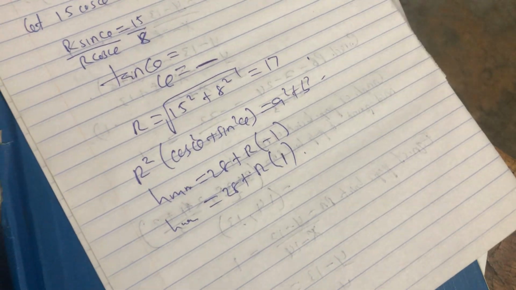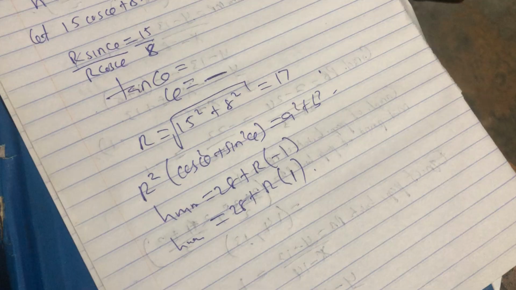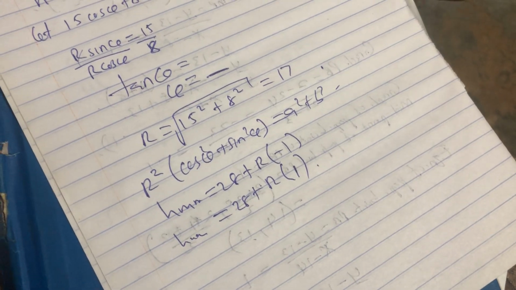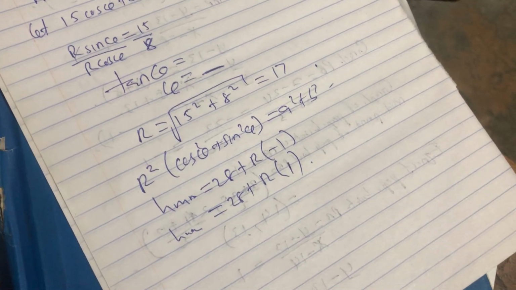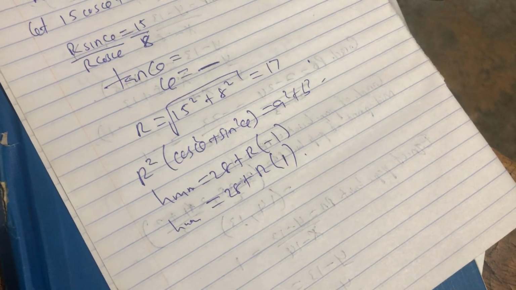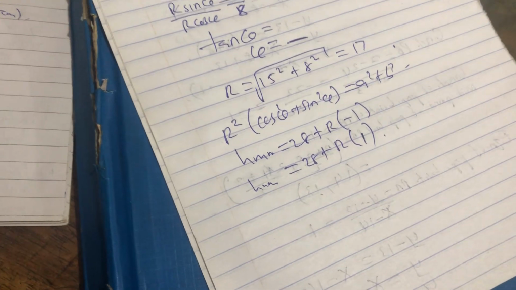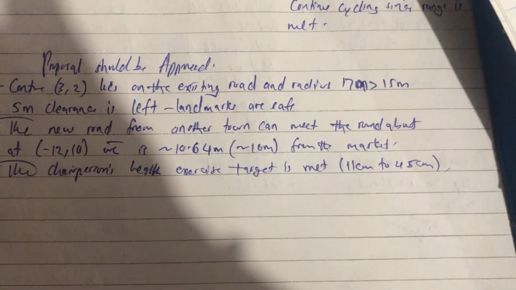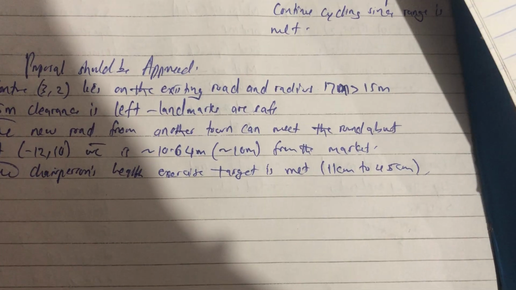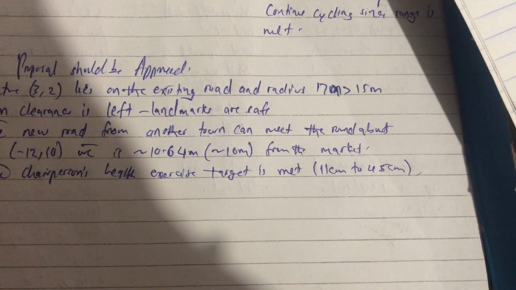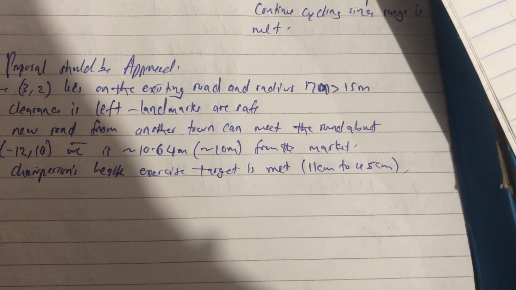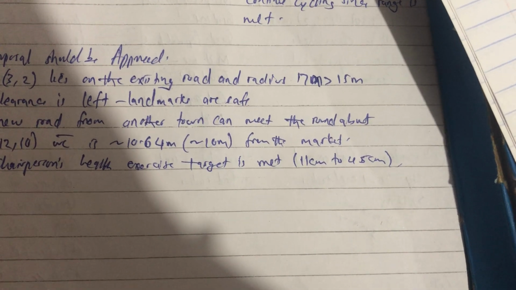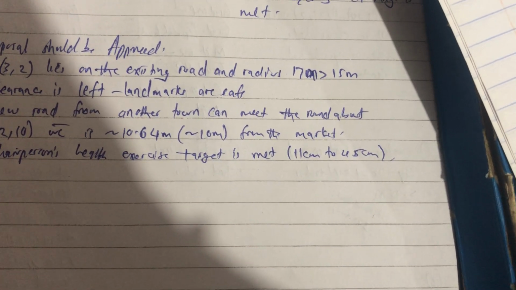The range meets the 11 centimeters to 45 centimeters target. So the chairman continues all activities. Now the proposal should be approved. Why? Because, when you look at my reasons here from my calculations, the center lies on the existing road and the radius 17 meters is greater than or equal to 15 meters. 5 meters clearance is left, landmarks are safe.